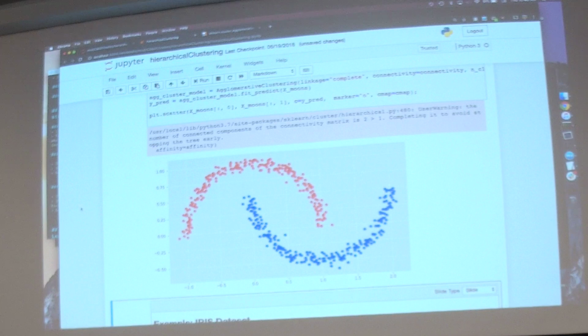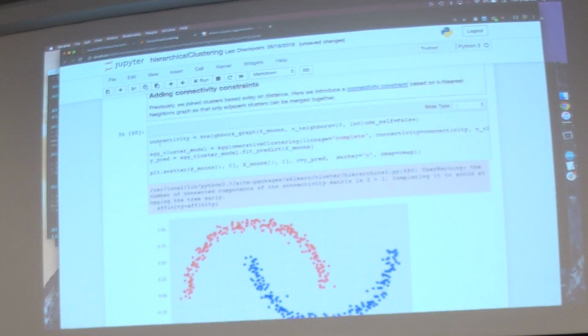But would that be supervised learning, since we know when to merge and when not to merge? It's sort of. But here we just said, don't merge things if they don't have any neighbors in common.